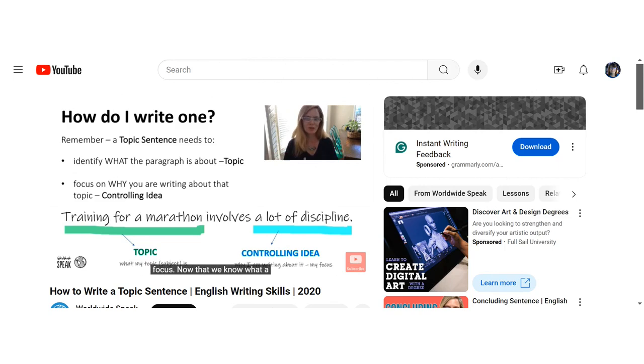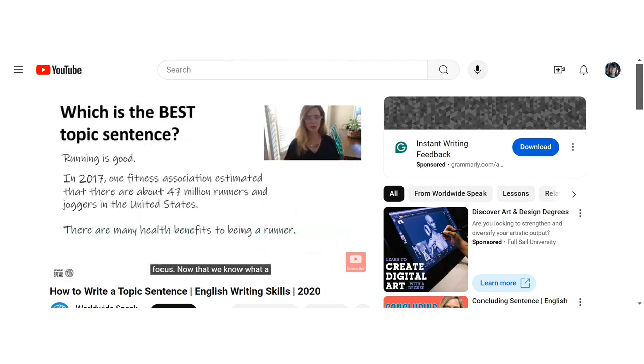It's your focus. Now that we know what a topic sentence is, and we've had an example, let's look at a few topic sentences that I have here and decide which is the best topic sentence. Now remember, it needs two pieces: topic, controlling idea. All right, let's take a look at the first one. Running is good. Well, I see a topic, running, good.